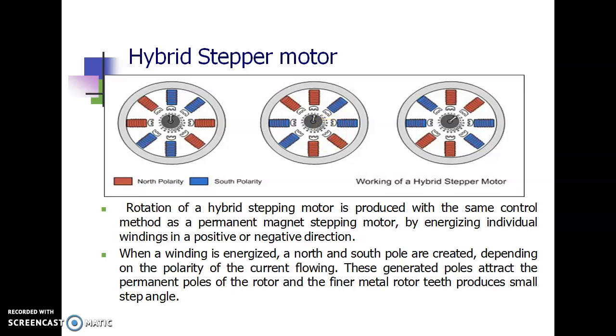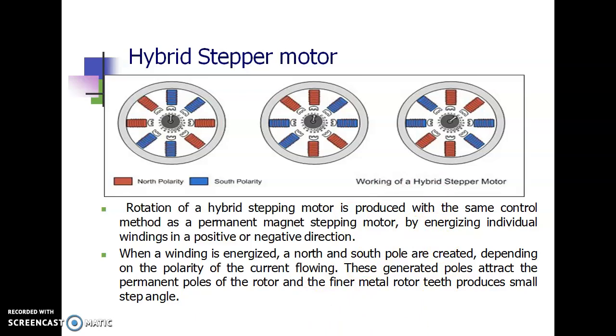When a winding is energized, north and south poles are created depending on the polarity of the current flowing. These generated poles attract the permanent poles of the rotor, because when the poles differ, they get attracted.